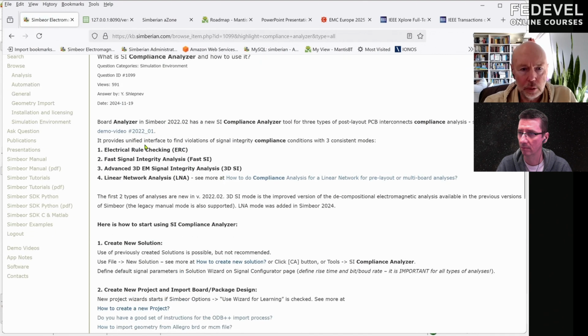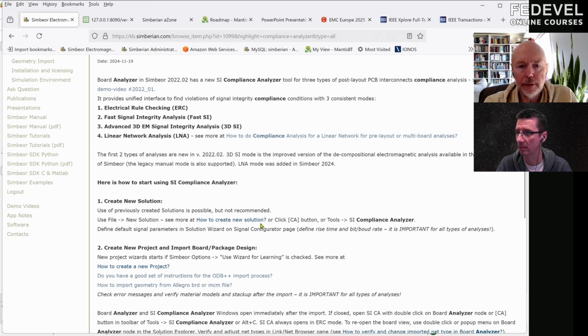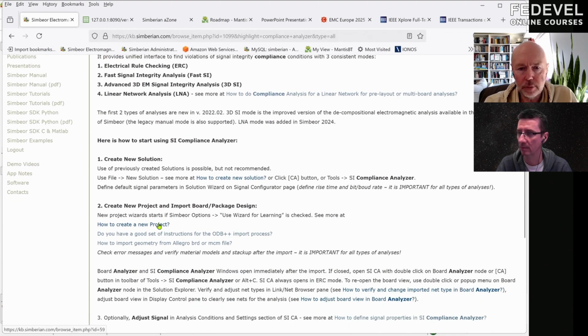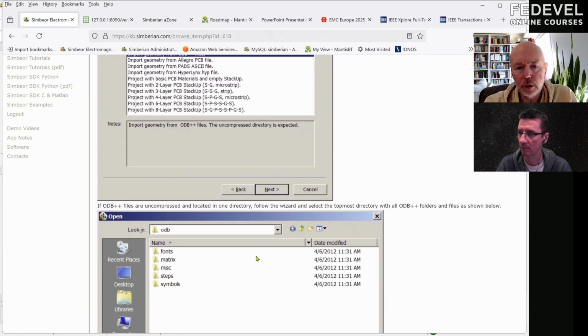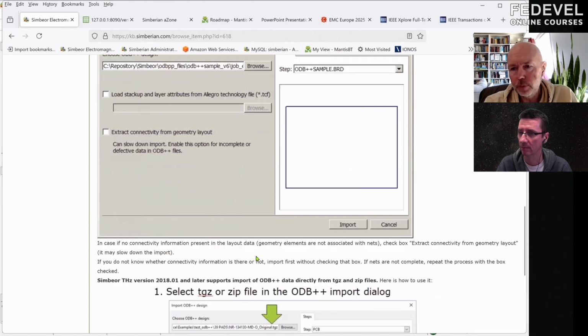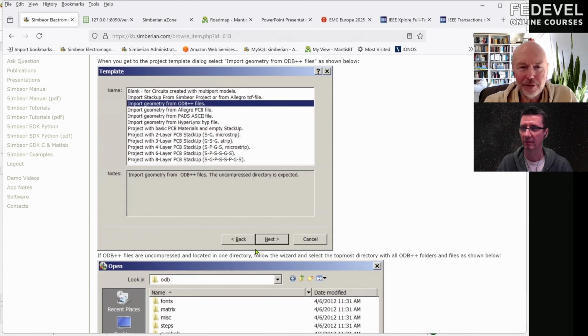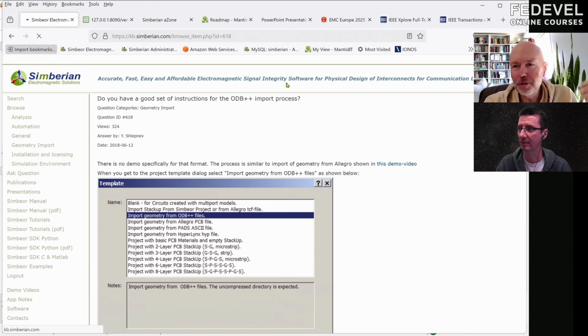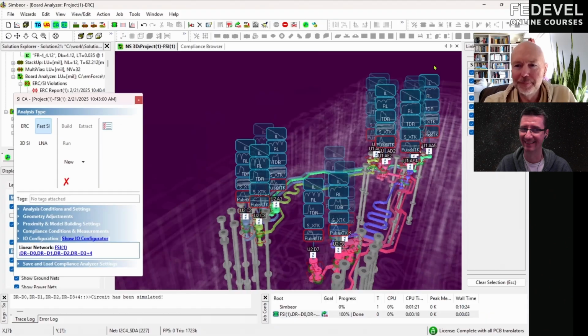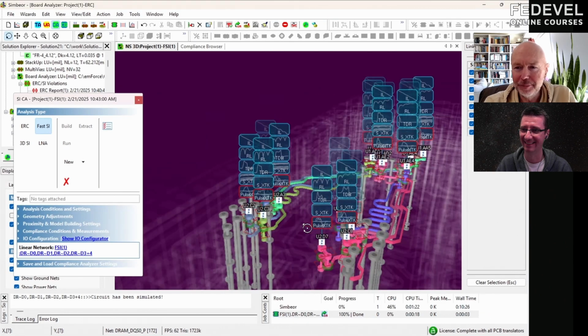This is kind of help. Exactly, instructions on everything, how to import from ODB, for instance. It's not AI, not artificial intelligence, but still it's in there.